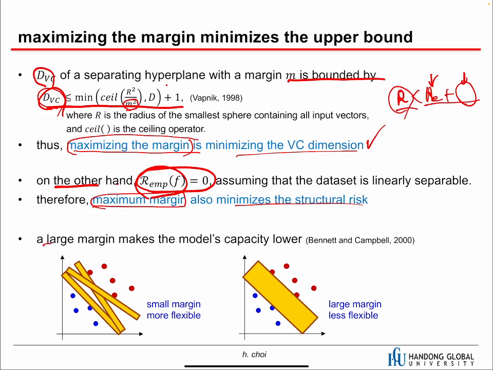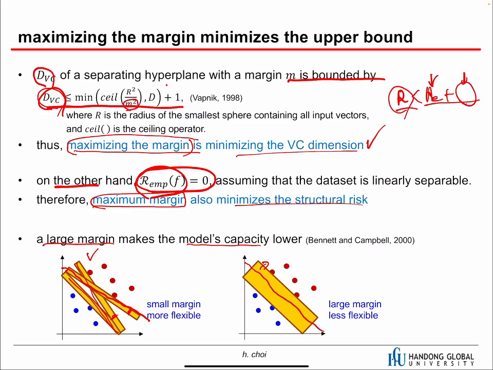When we have a large margin, the model's capacity can be lower. Look at this image. When the margin is small, we can move this separating hyperplane in many different ways. But if the margin is maximum, then we cannot rotate or shift this hyperplane because it is fixed here.